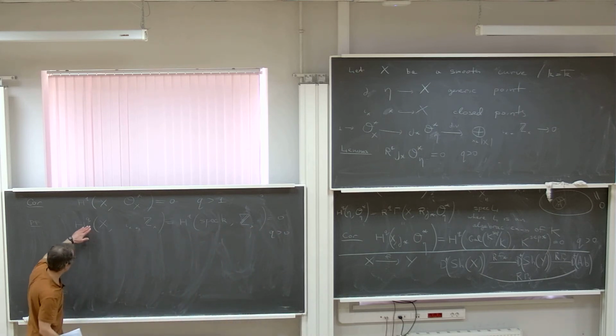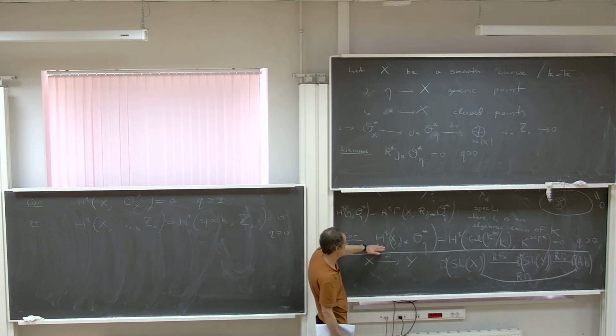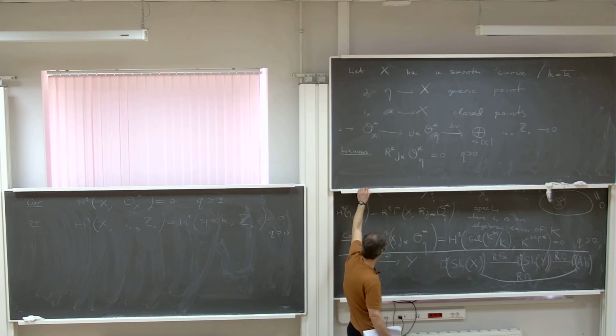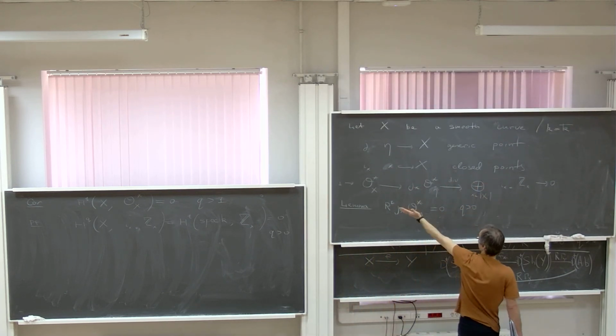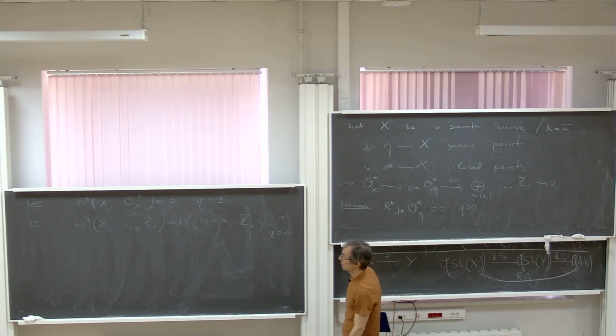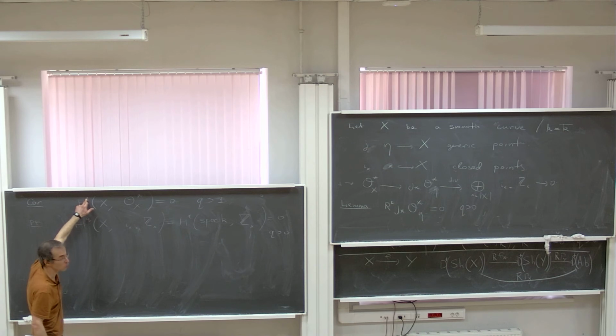So combining this argument, this corollary, you know vanishing of higher homology groups for this, and therefore you get this vanishing.